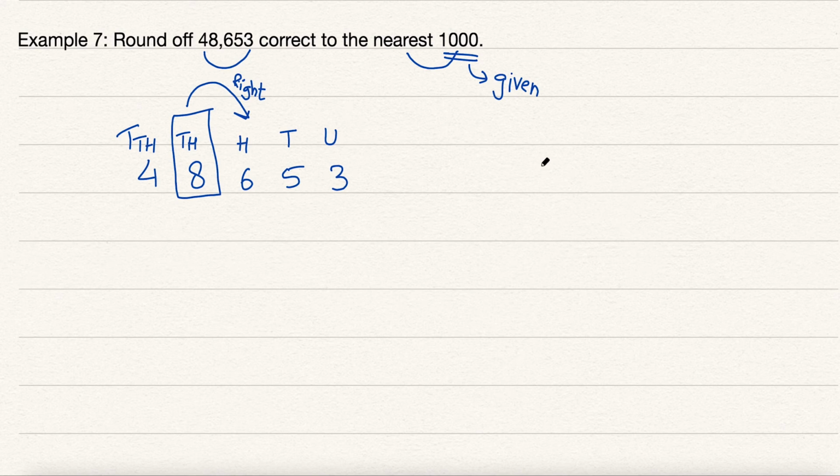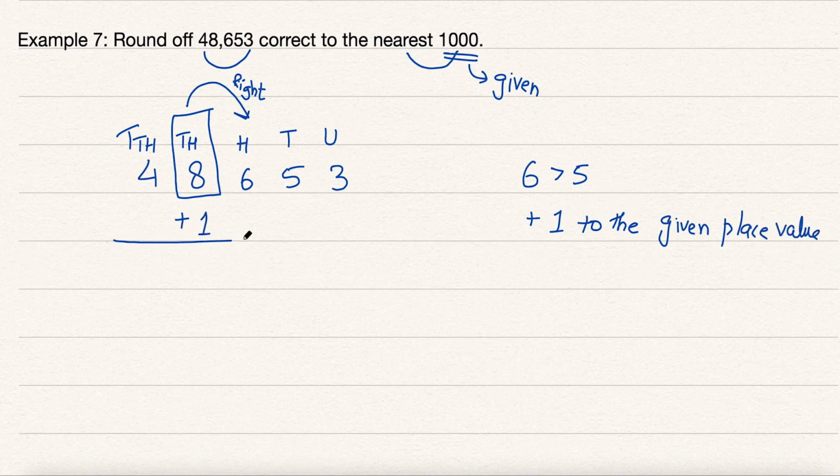The digit to the right is 6 and 6 is greater than 5. So you will add 1 to the given place value. You will add 1 here, and then all the digits to the right will be replaced with 0. So 3 will be replaced with 0, 5 is replaced with 0, 6 is replaced with 0.